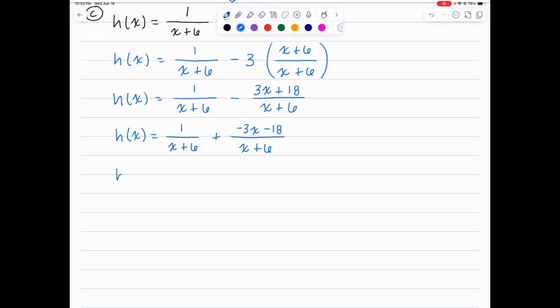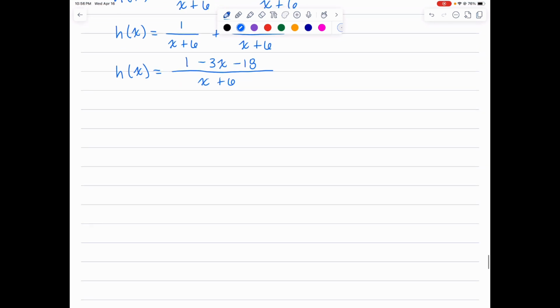So now I have h of x equals, it's not just 1 over, but x plus 6. So this would be 1 minus 3x minus 18 over x plus 6. Combine like terms here, and we get h of x equals negative 3x minus 17 over x plus 6.